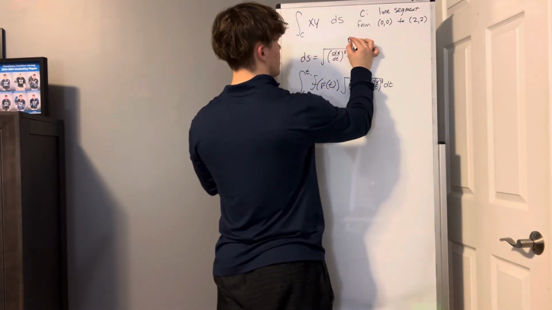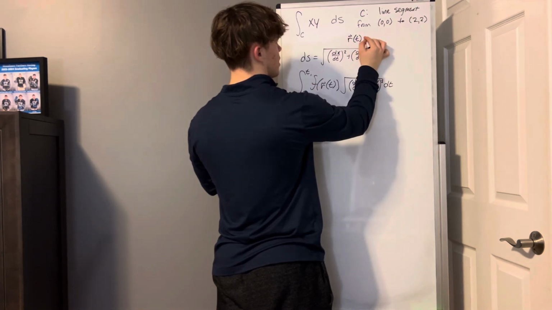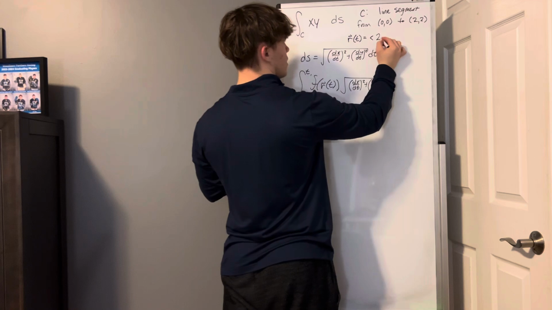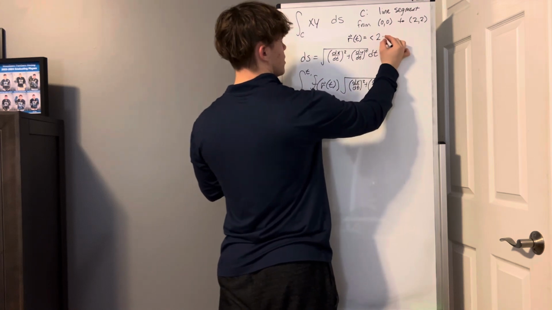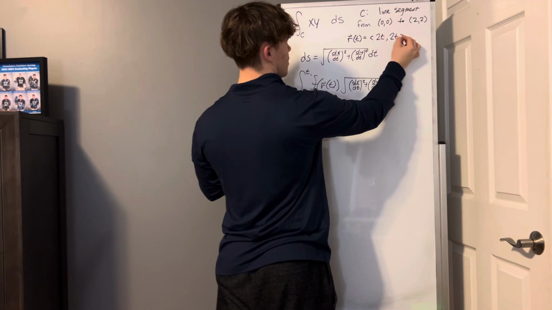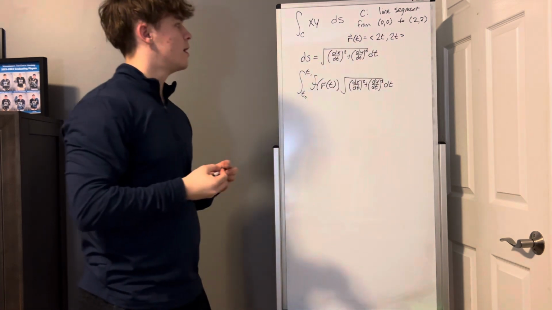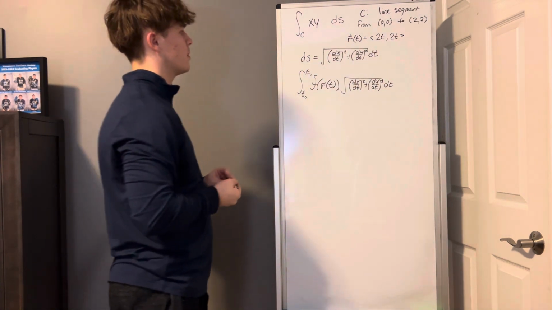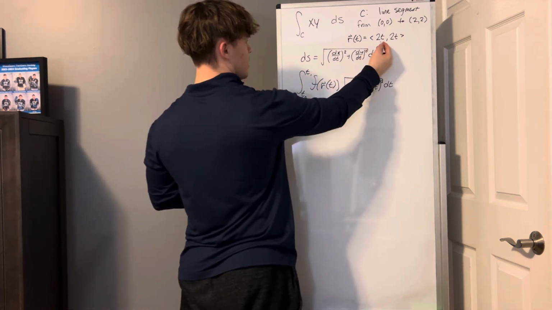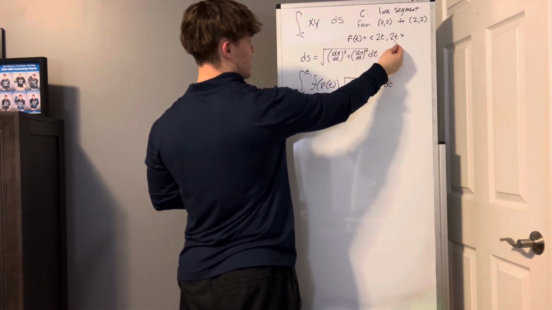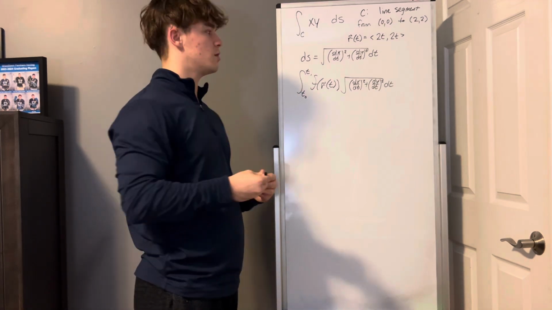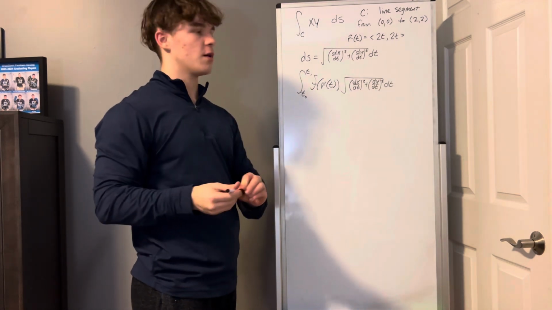Our r of t is just going to equal, well, how much does x change? 2. Our x naught is 0, so this is 2t, and y is also 2t. Now, our dx/dt is just 2, our dy/dt is just 2, 2 squared plus 2 squared is 4 plus 4 is 8.